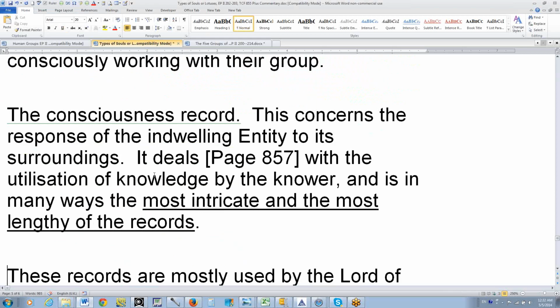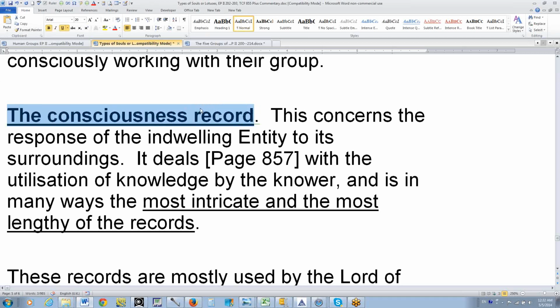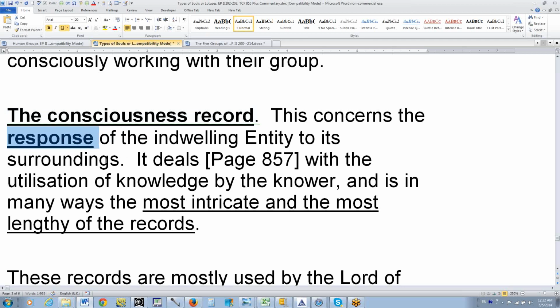The consciousness record, okay, that's still another one, and that's not a formal record, although it is related to form. This concerns the response of the indwelling entity to its surroundings, the response. In other words, how are we doing in terms of our sentiency, our registration, that which we know, that which we feel, that of which we are conscious.